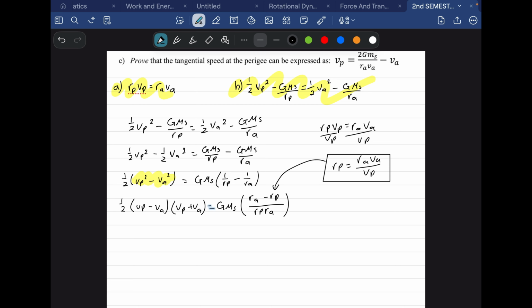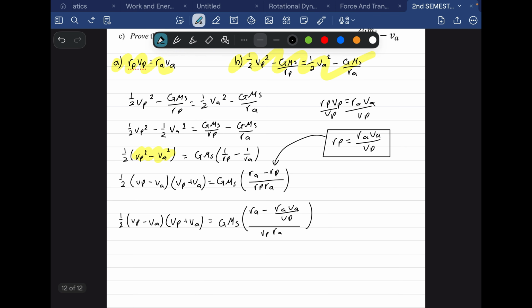So the new equation is RA minus R apogee V apogee over V perigee, all over R perigee R apogee, right?